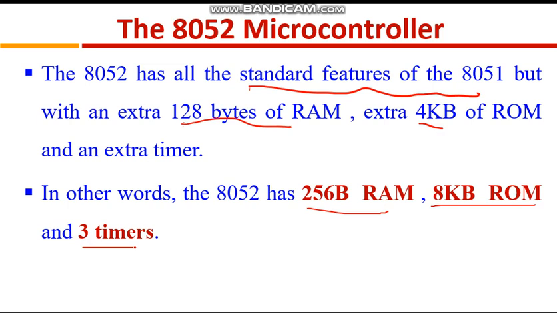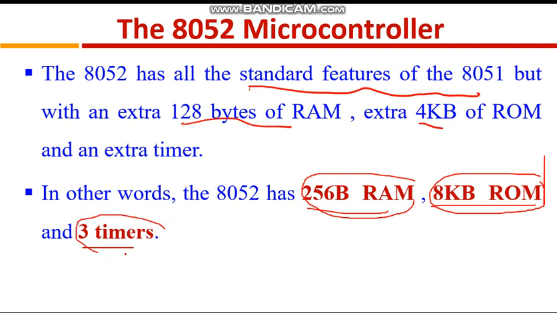In 8051 we have 128 bytes of RAM. Here we have double that. In 8051 we have 4 kilobytes of ROM. Here we have double. In 8051 there are only 2 timers. In 8052 we have 3 timers. So 8052 is more advanced than 8051.